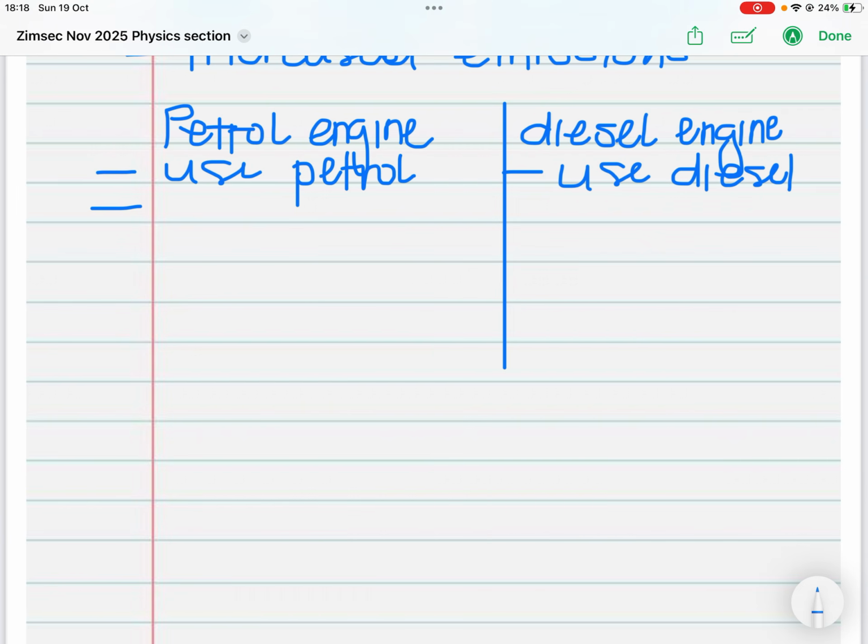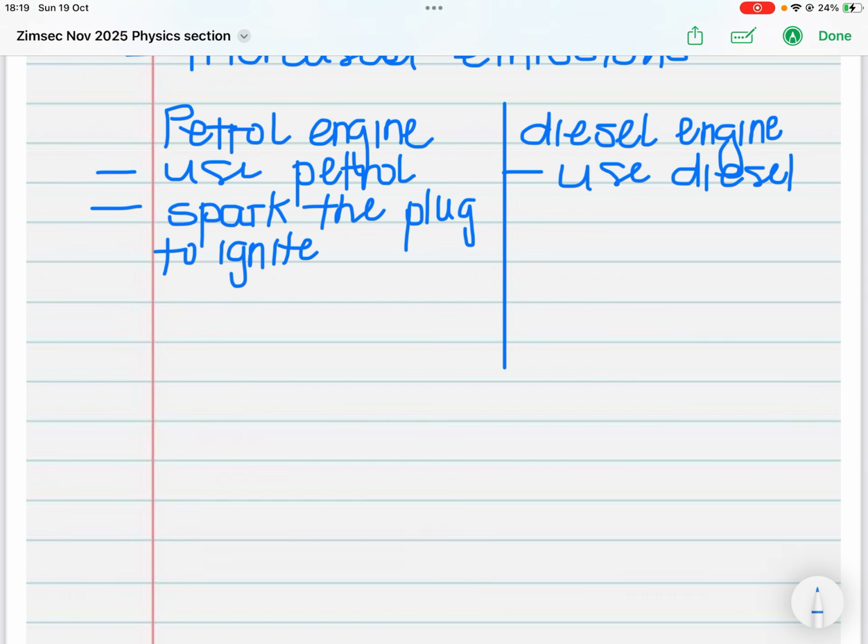And then the second difference, the petrol engine is going to have the spark plug. This one uses the spark plug in order to ignite the air to fuel mixture.